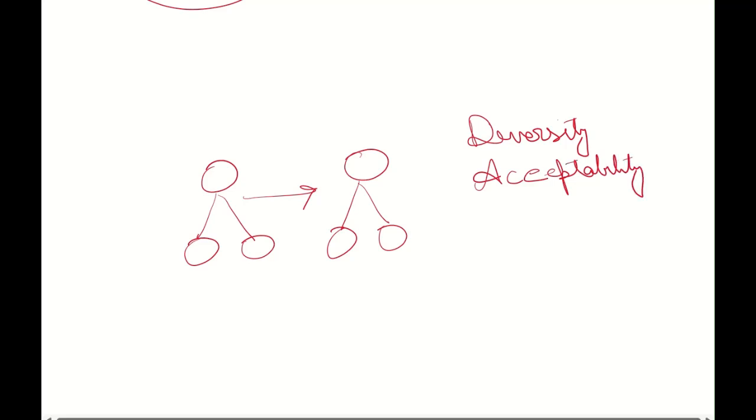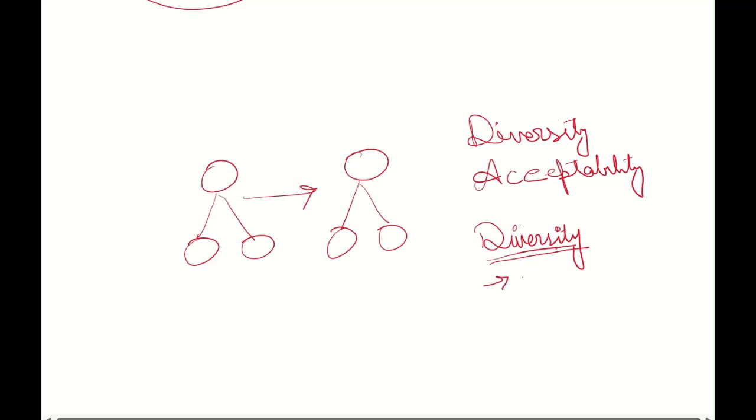What is diversity? When we are trying to build a model using the boosting technique, we have to ensure that we are considering the majority of the nuances that are there in the data set. How do we do it? There are multiple ways in which we can ensure that diversity is maintained.